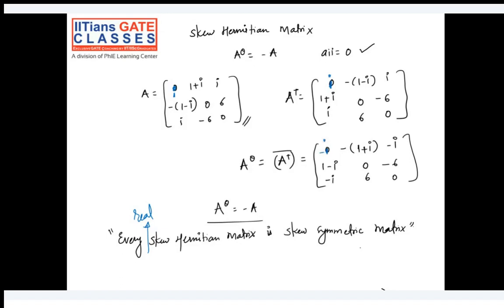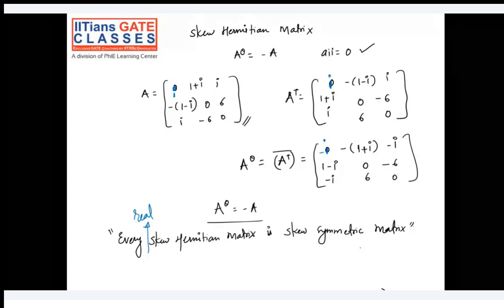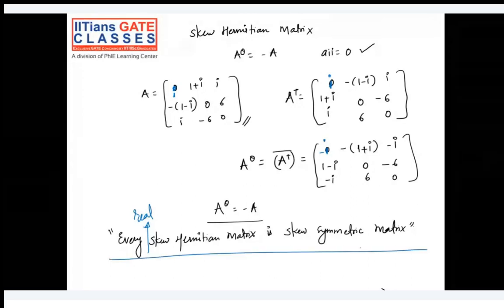You can multiply with an imaginary minus sign and you will get it. So principal diagonal elements can either be imaginary or zero, but the real part should be zero. But this statement is still valid: every real Hermitian matrix is a skew Hermitian matrix. So here I'll just add that a_ii can be zero or imaginary. Okay, thanks for highlighting it.